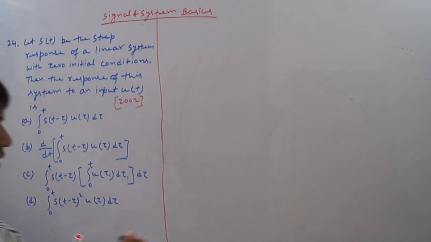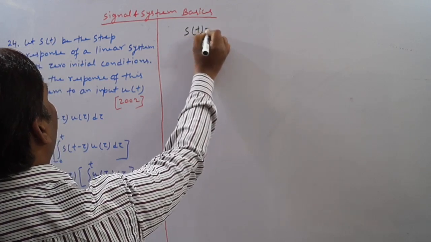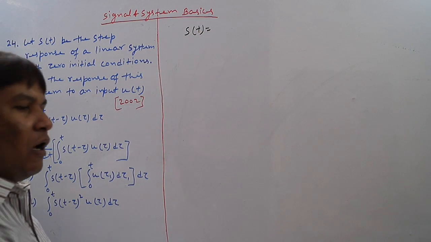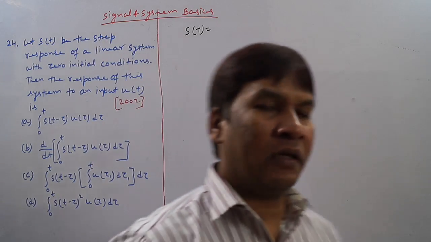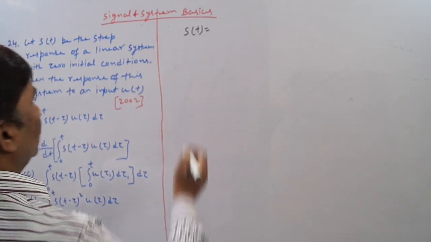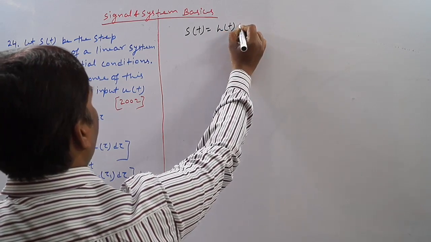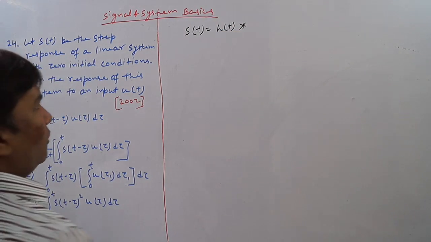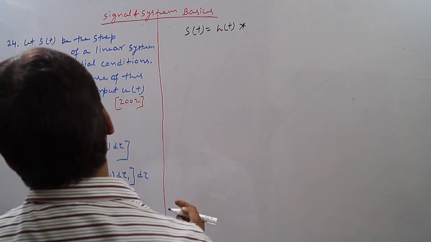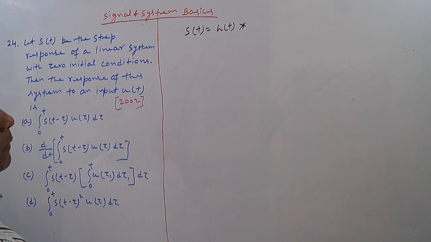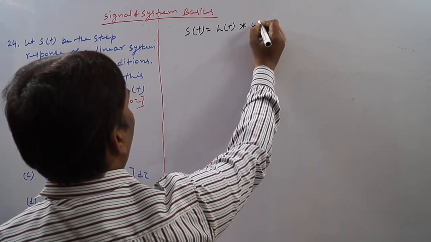So s(t) is nothing but the convolution of the impulse response of the system, suppose h(t), with the step input. If we denote the step input by u dash t, then s(t) equals h(t) convolved with u dash t.